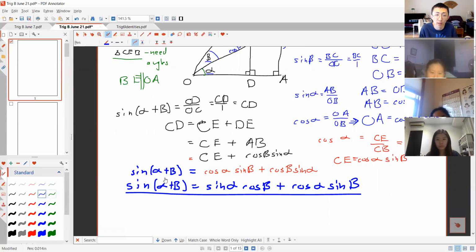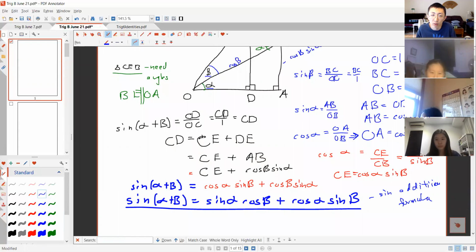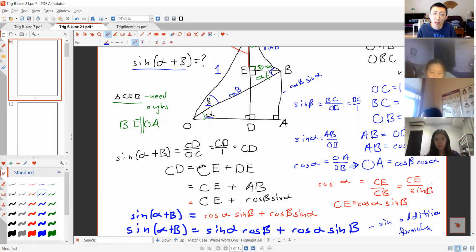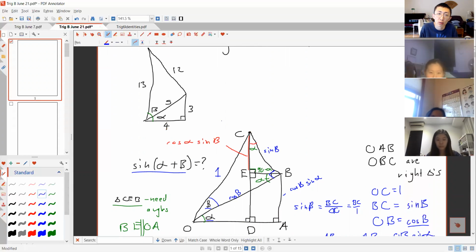I guess I'll just write in sine addition formula. Okay. So great. We've proved that if you have two angles, alpha and beta, and you know the sines and cosines of them, which, like in this example, you know the cosine alpha is 4/5.